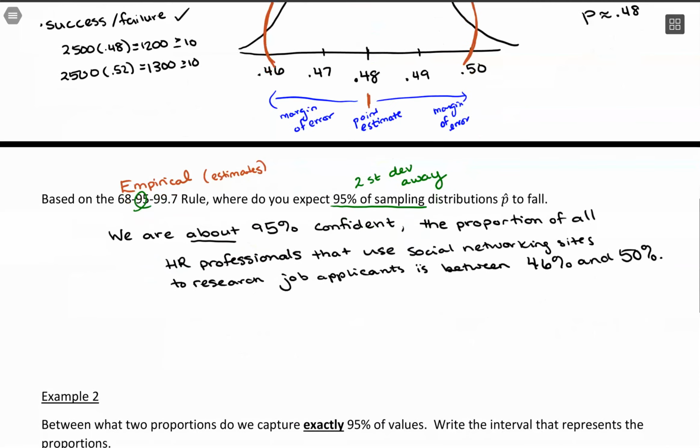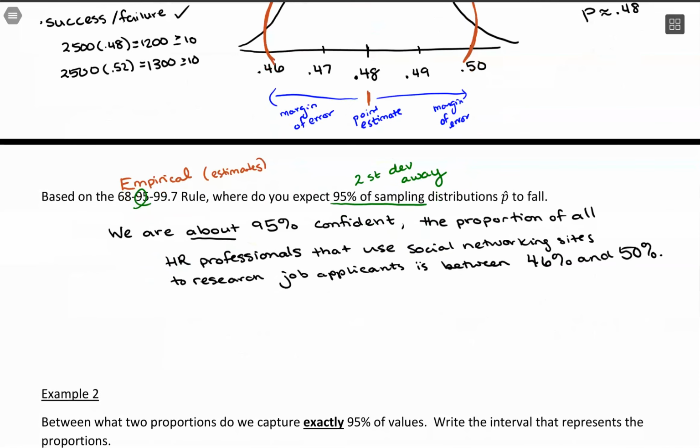So let's just break down how these are really calculated, because we're going to move to a formula. So this 0.46, or this 46% that we got out, what we really did to get that was we had our 0.48, and then to get 0.46 out, we had to subtract that margin of error. And that margin of error that we used to make this 95% happen, we needed 2 standard deviations, or in our case, 2 standard errors.